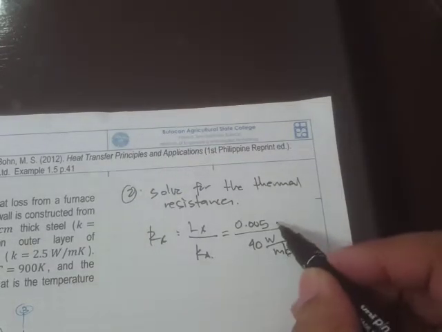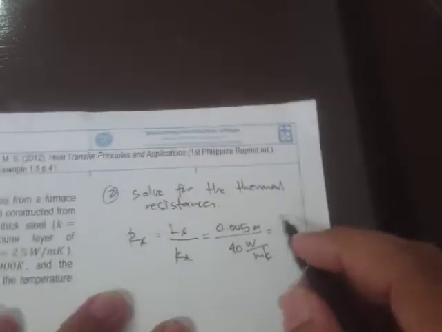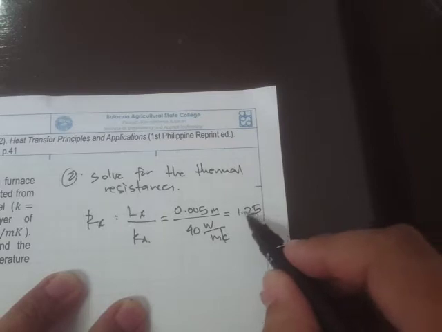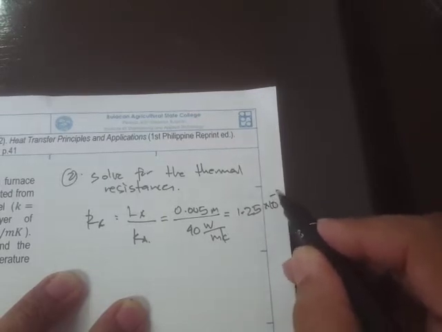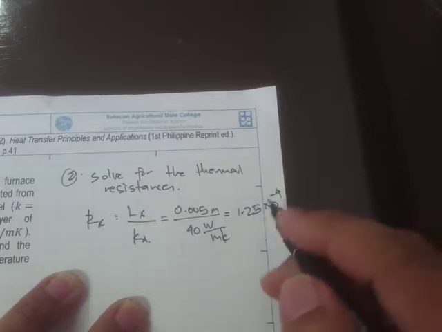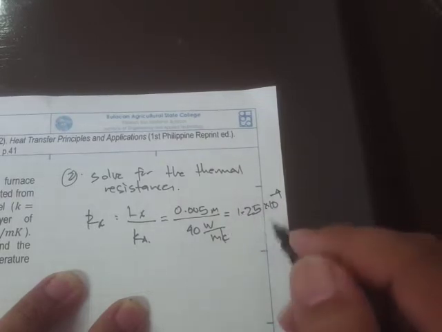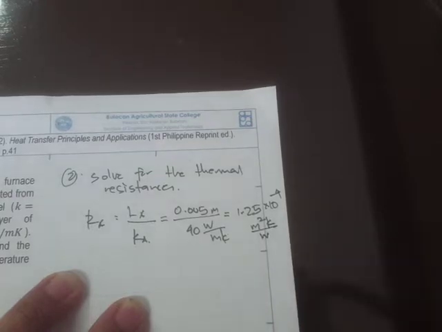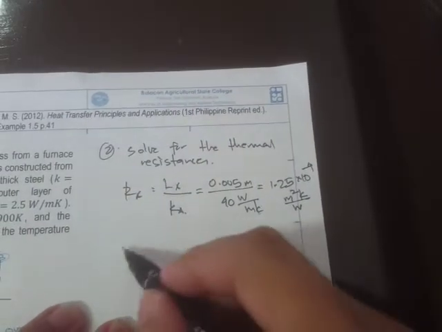If you do the math, this is 1.25 times 10 to the negative 4, and the unit would be meter squared Kelvin per watt.